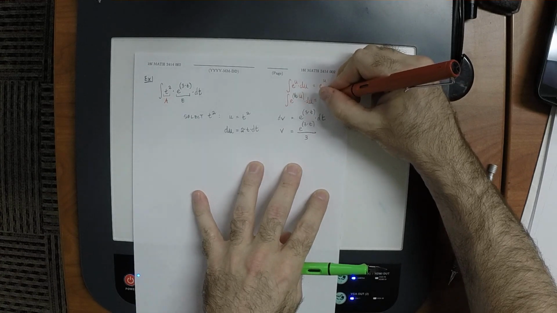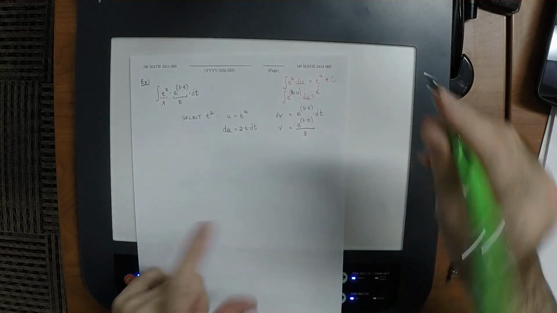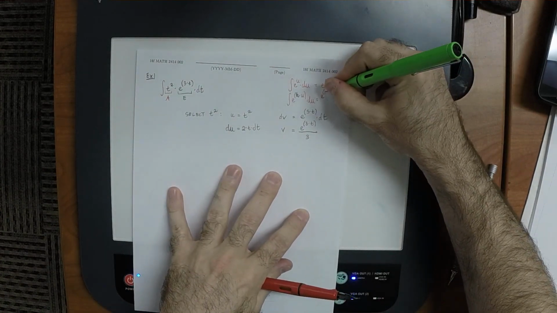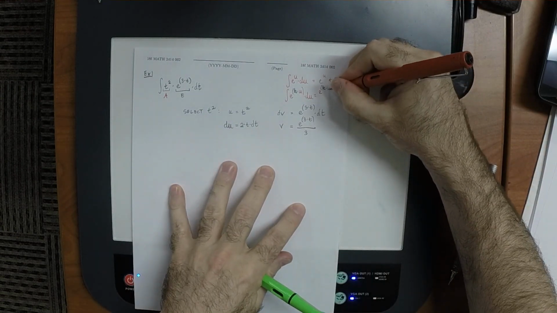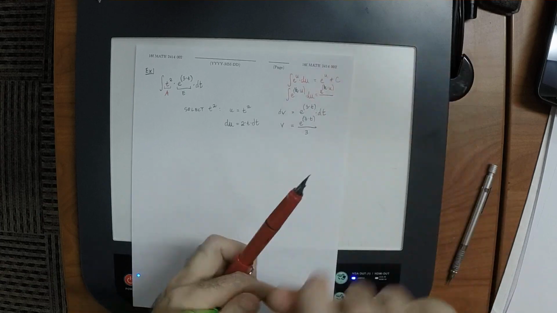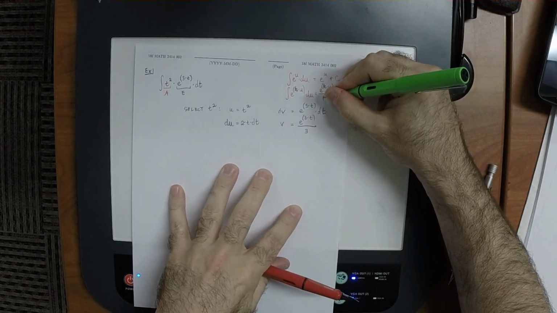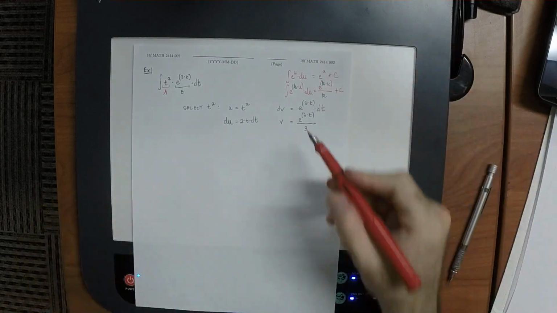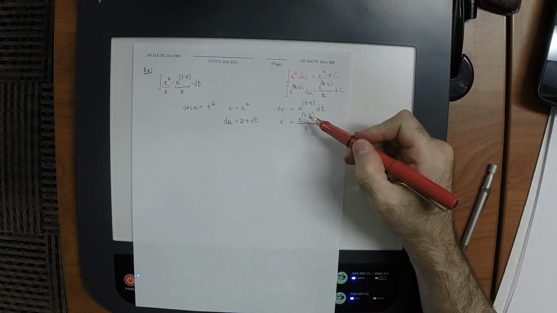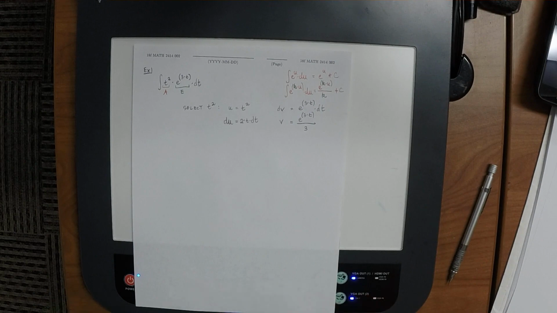At any rate, you'll end up getting exponential of k u divided by k plus a constant. So essentially that 3 ends up being a division by 3. Good. Again, no plus c there.